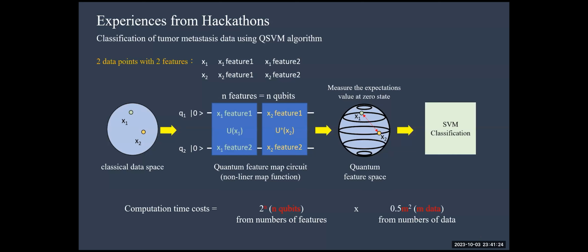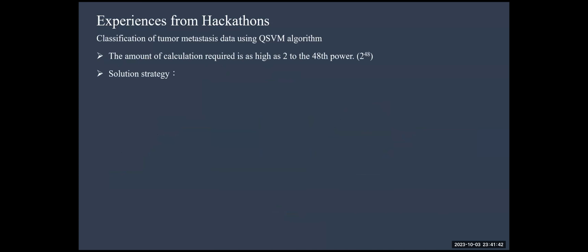And the second component is 0.5 times n squared, for pairwise data calculations. In our case, we require a maximum of 48 qubits and need to perform calculations on 334 data points.